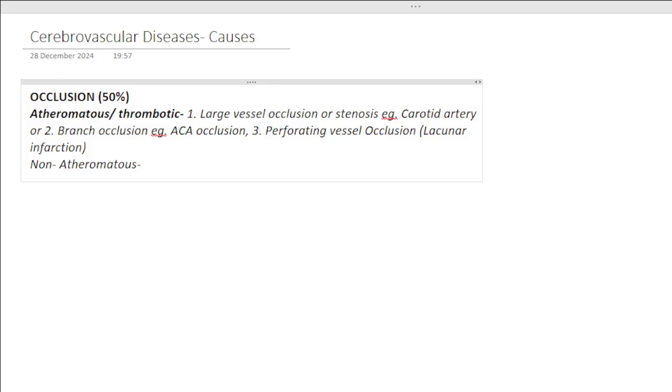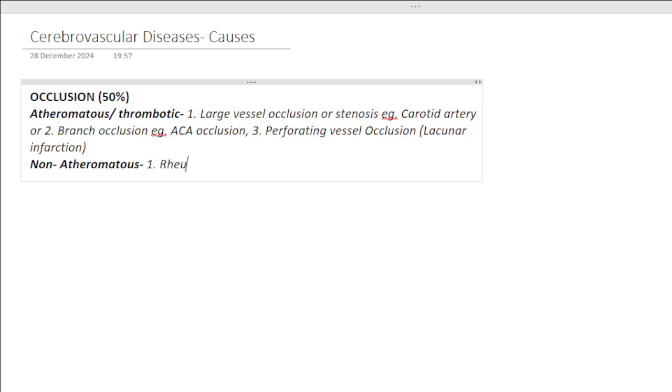So non-atheromatous means what? You remember the mechanism? It will be a disease of the blood vessel, or it could be a problem of the properties of the blood. Wonderful. So what are we going to see here? Let us summarize it.